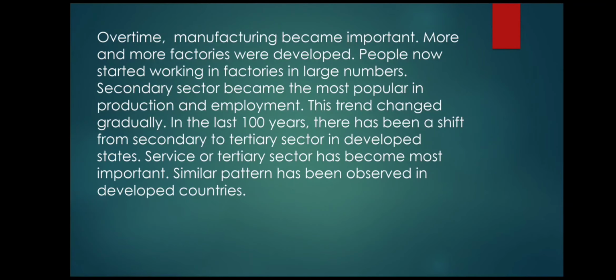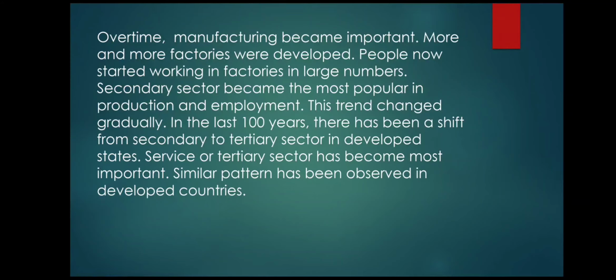Over time, manufacturing became important. More and more factories were developed. People now started working in factories in large numbers. The secondary sector became the most popular in production and employment. So, over time, after agriculture flourished, it was realized that the agricultural output can be processed.